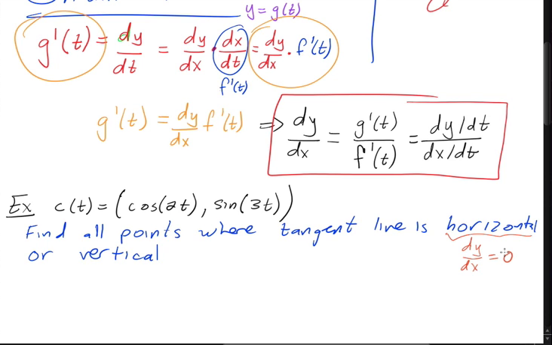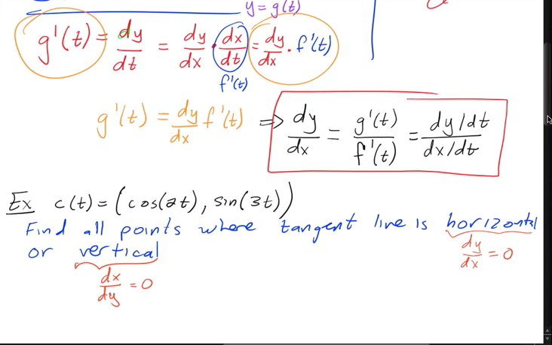You guys remember that? Or either the denominator is equal to 0 or dx over dy is equal to 0, so one of the two. But since we're going to find the derivative, it's easier to just look at the denominator to find the vertical asymptote. Yes? Okay, so off we go.